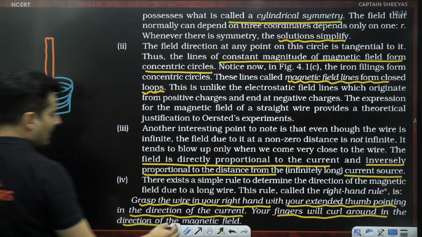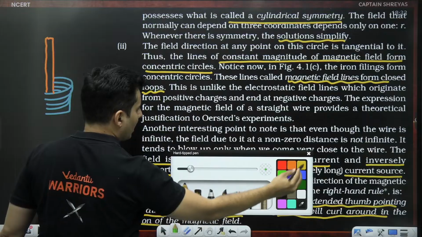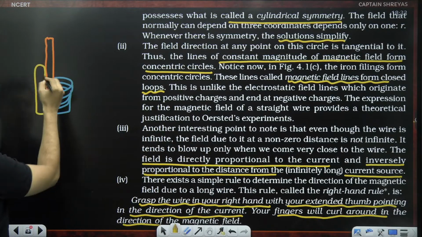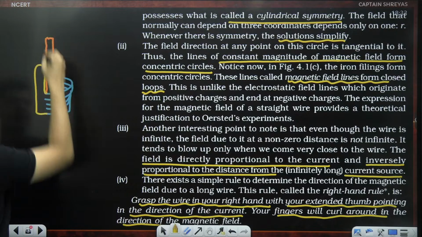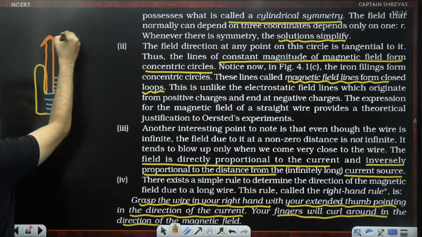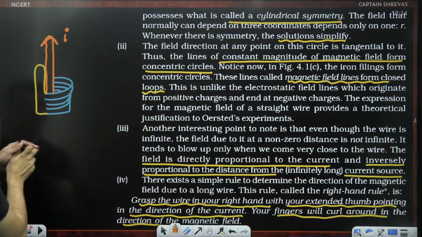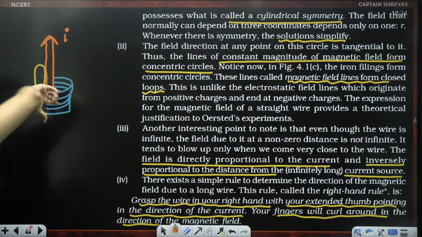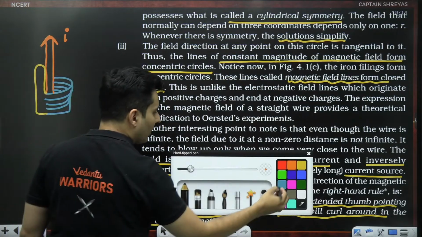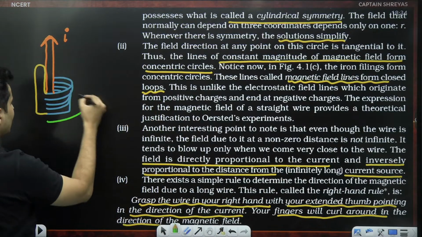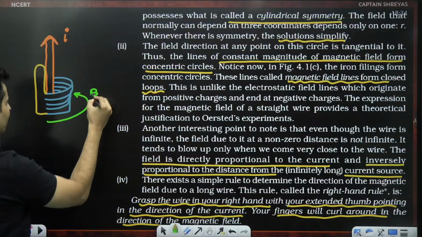This is a wire which carries current such that the thumb of the right hand is pointing exactly how the current is moving. If the current is going like this, our thumb also points in the same direction. If the current was going down, I will hold the thumb like this, the fingers will go the other way around. So whatever direction my fingers curve, exactly that's the direction of the magnetic field.